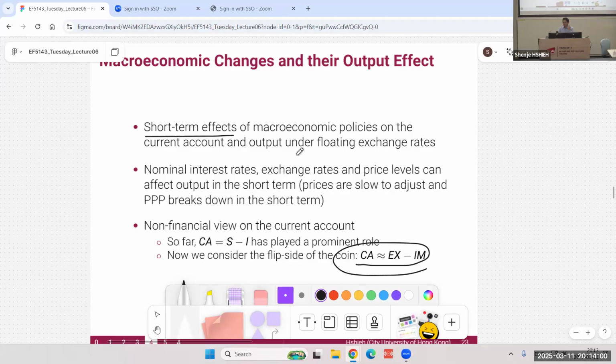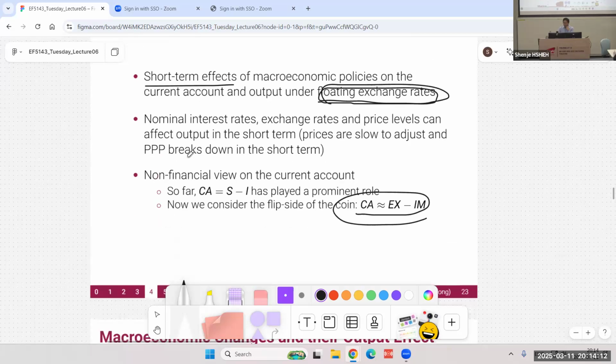Also it's important to note that we're assuming the country we're analyzing has floating exchange rates, meaning no manipulation, no currency pegging, etc. In certain policy changes, we can assume that PPP can eventually hold, but for sure in the short term, in which prices are sticky and slow to adjust, PPP will break down, obviously, because Q will change, right?